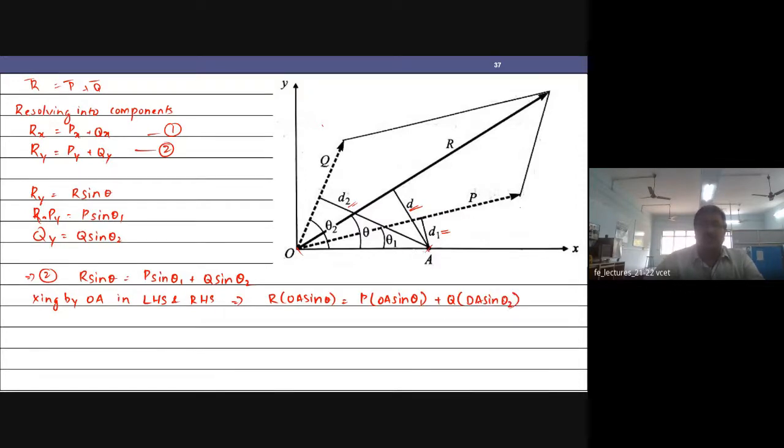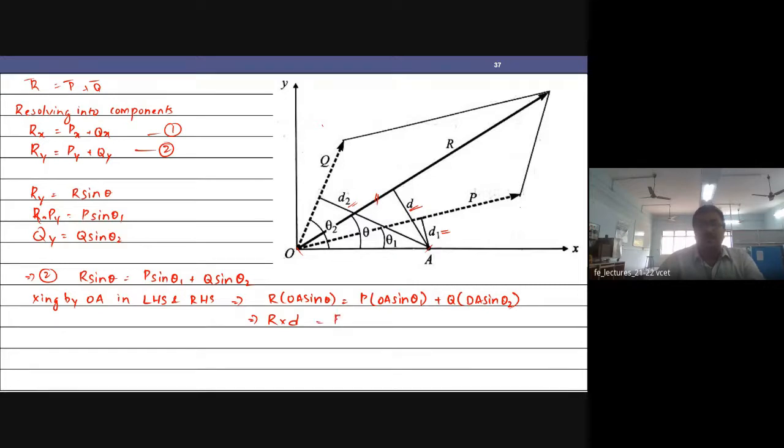If I consider the small triangle, OA is the hypotenuse and theta is the angle. According to the definition, sine theta is opposite upon hypotenuse. So OA sine theta gives the opposite side, which for R is d.